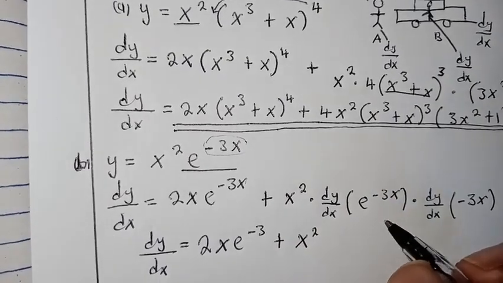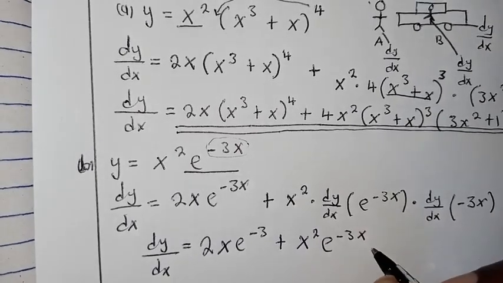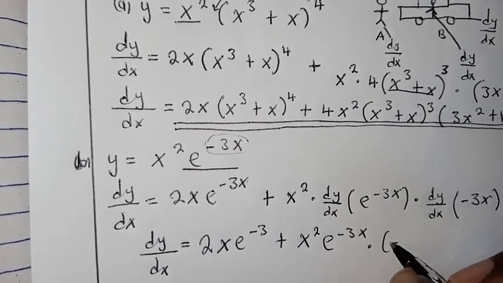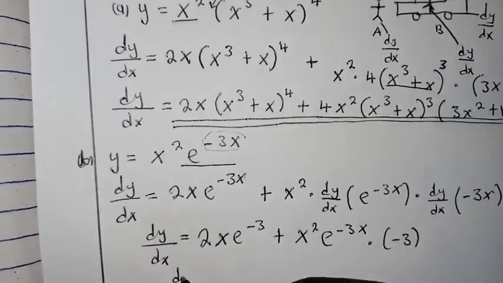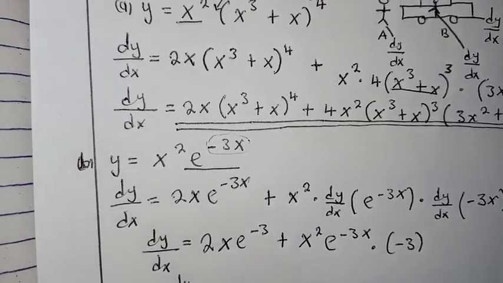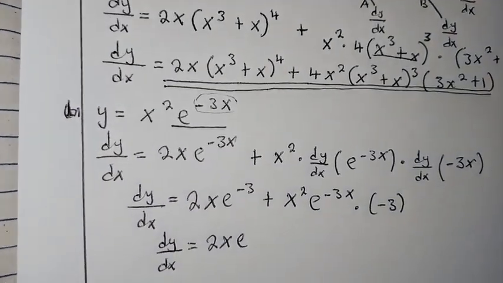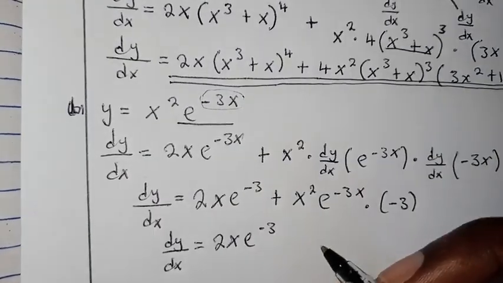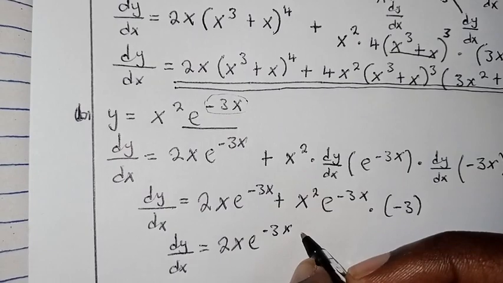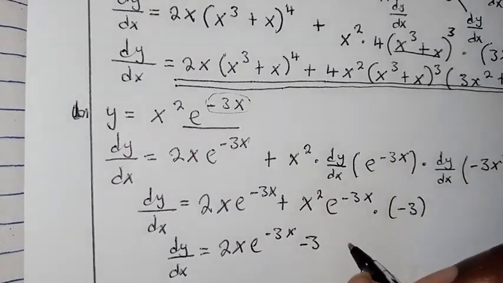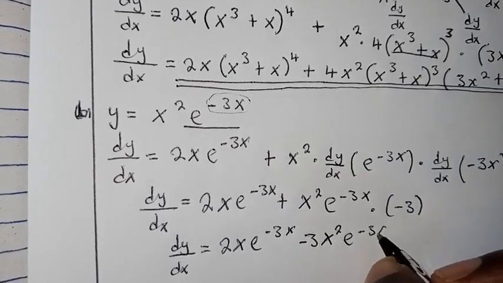What is dy/dx of e to the power 3x? It is just e to the power 3x multiplied by negative 3, because dy/dx of negative 3x is that. Therefore, dy/dx is equal to 2x e to the power negative 3x, minus 3x to the power 2 e to the power negative 3x.